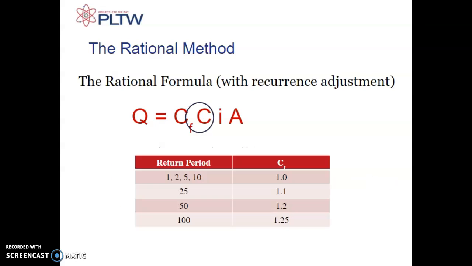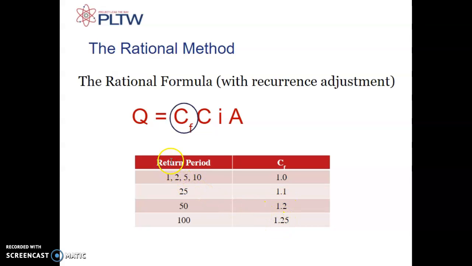Okay. So the rational formula using the recurrence adjustment, this table right here, this return period. The circle is off. It should be around C sub F. My PowerPoint got converted into a Google slide, so some stuff is off. All right, so C sub F, this table right here, and you will be provided with this table. So you literally are looking at C sub F, and then it's going to be one of these four values.